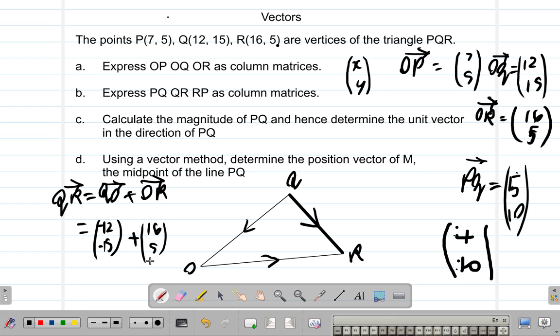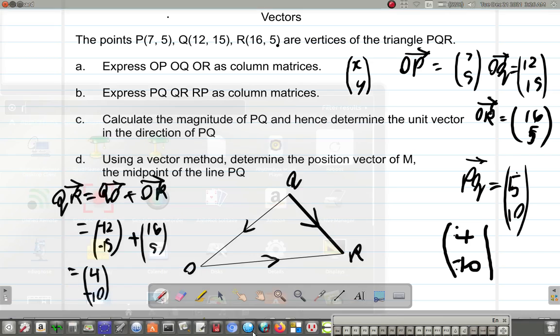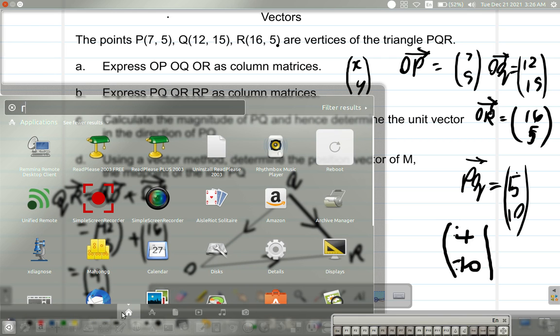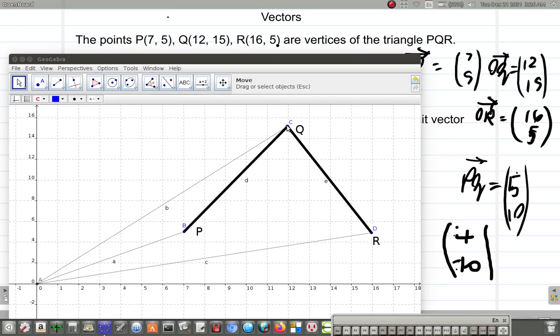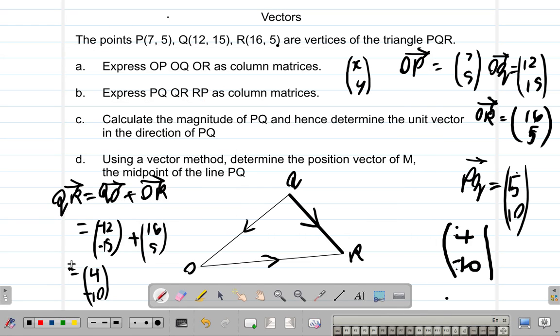So here, negative 12 plus 16 would be 4. Negative 15 plus 5 would be negative 10. So we get the same thing. Oh, this was negative 10. Why did I write 10? It would be negative 10 because what happened here is that we would move 4 to the right and 10 down, so it's negative 10. Alright, so here now, it's 4, negative 10.